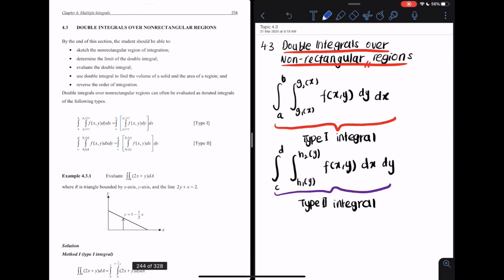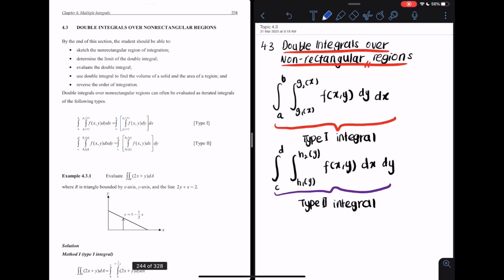But when it comes to non-rectangular regions, one of the limits is written in terms of a function instead of constant values. The reason we call topic 4.2 rectangular regions is that when you illustrate the region R, you end up with a rectangular shape, but that won't happen in topic 4.3.